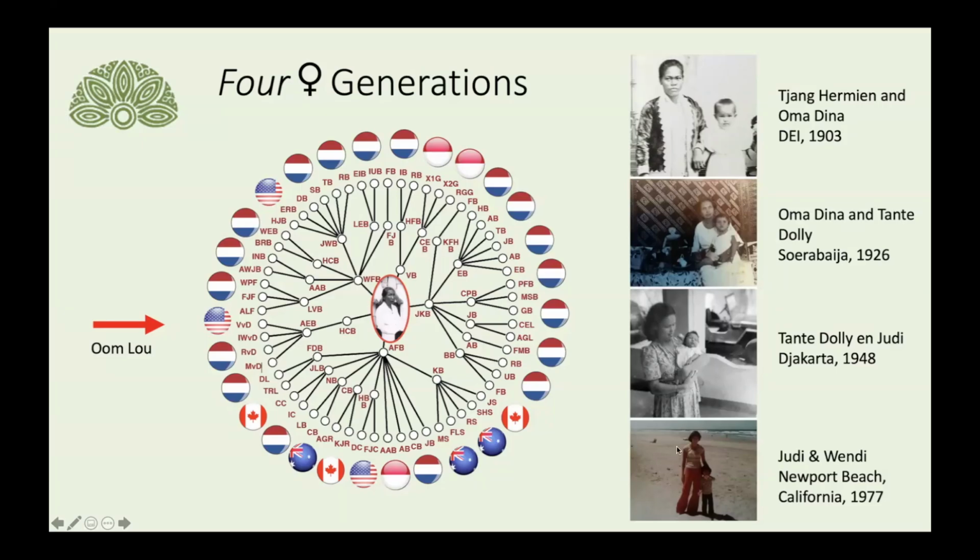One picture up is Judy as a baby with her mother, my aunt Dolly. Then up there is my aunt Dolly as a child with her mother, and that's 1923, and then 1903.